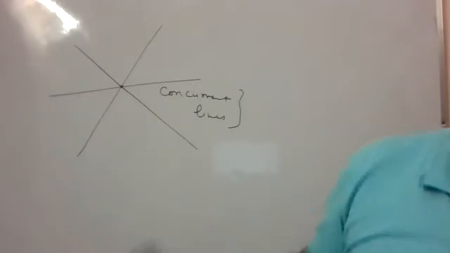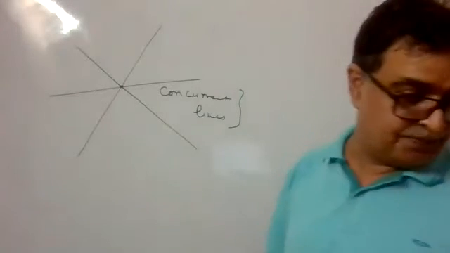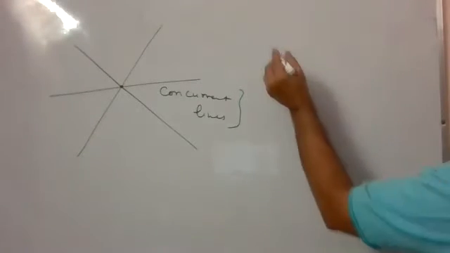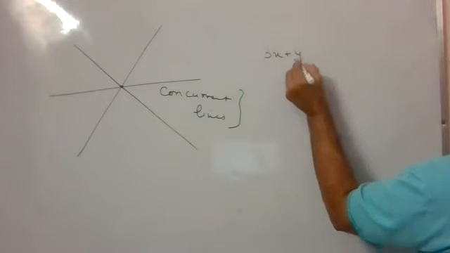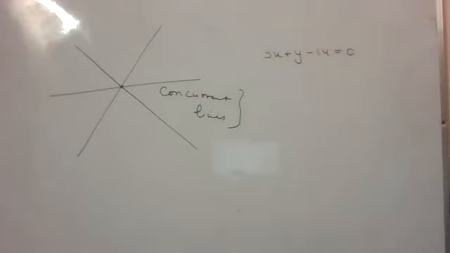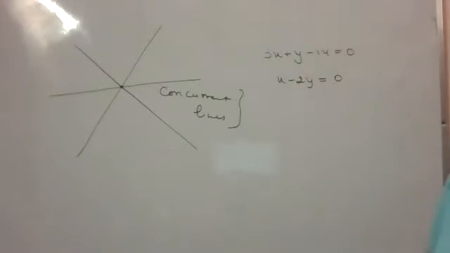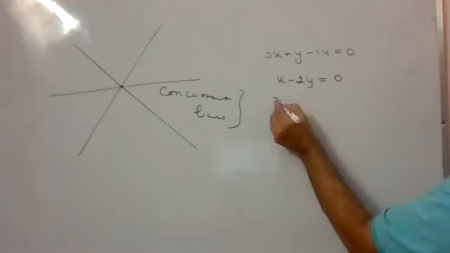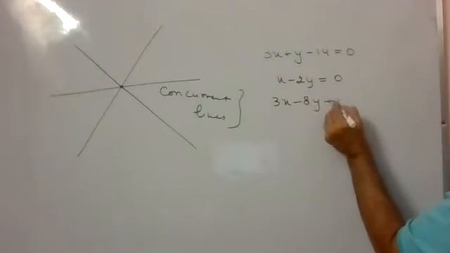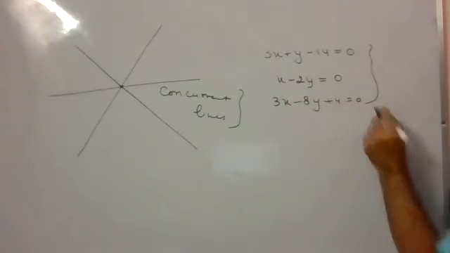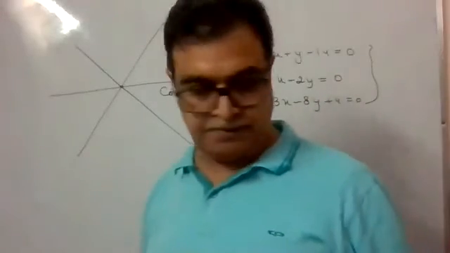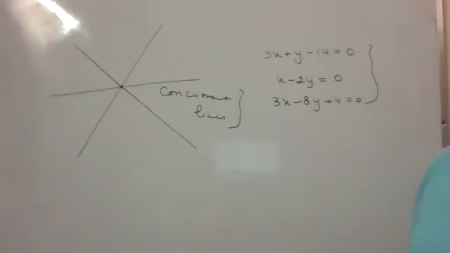Right, question please. Prove that the lines 3x plus y minus 14 equal to 0, x minus 2y equal to 0, and 3x minus 8y plus 4 equal to 0 are concurrent lines.